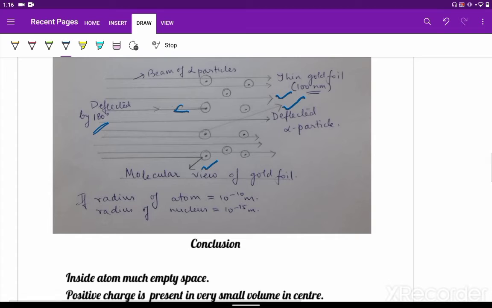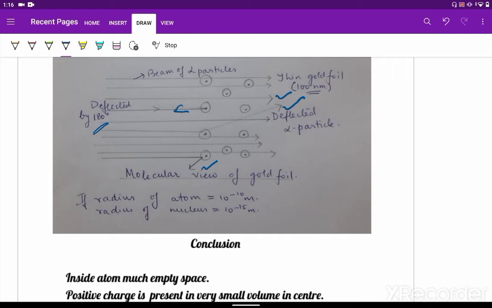So from here what can we conclude? Now see children, you can imagine a classroom. When the classroom is empty, means the benches are also less in number, other students are also less in number, it is very easy for you to cross from one end of the classroom to the other end in a straight path.